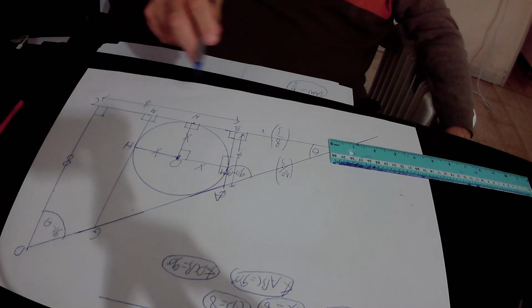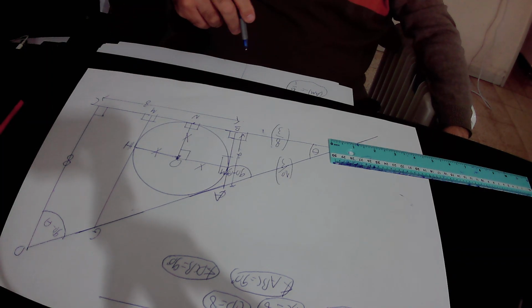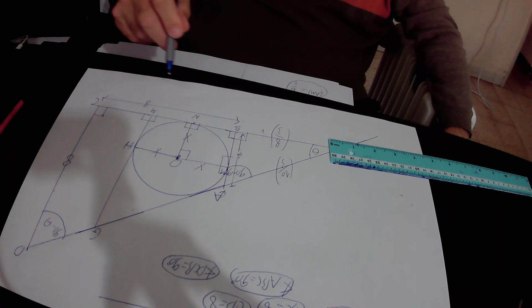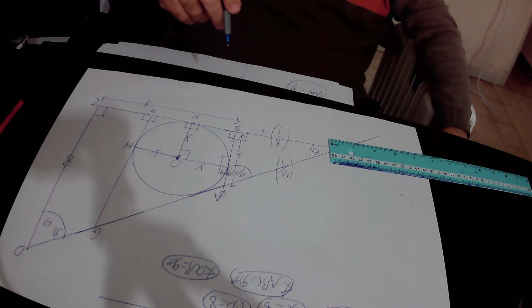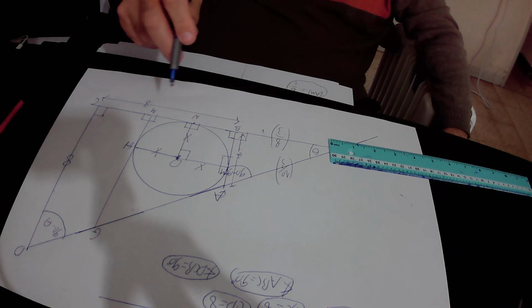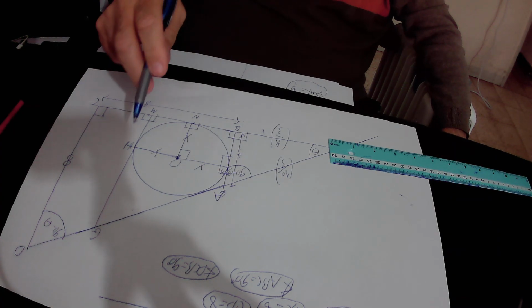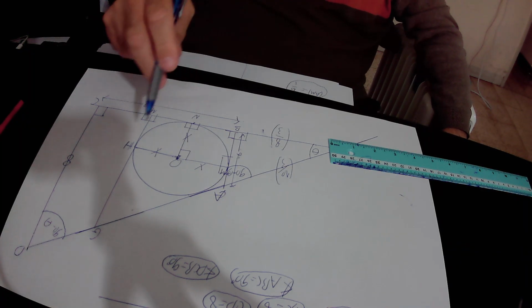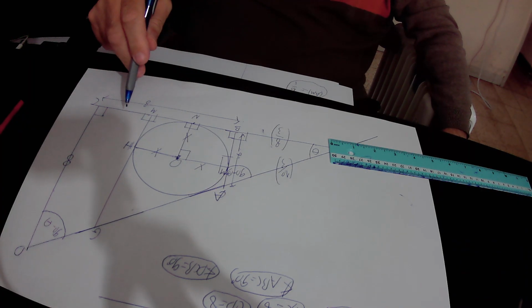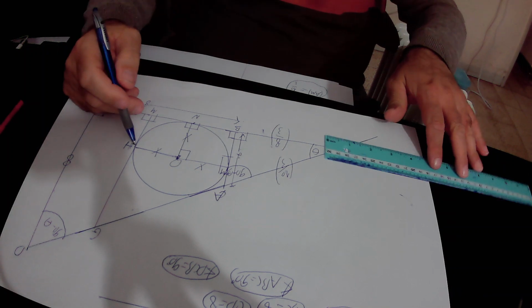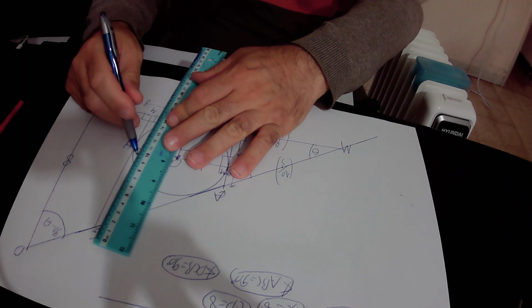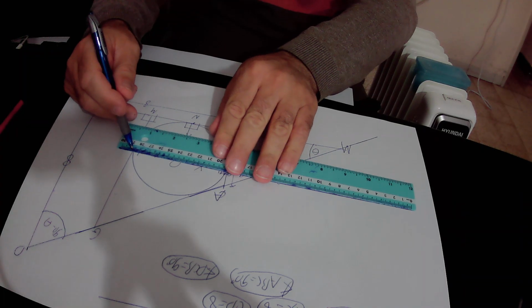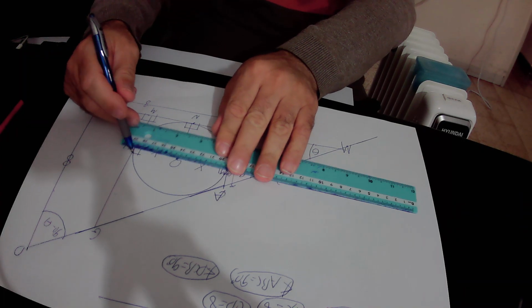The radius OH is drawn to point H, that is the point of tangency of tangent GM with the circle. Whenever you have a radius that is drawn to the point of tangency, then tangent GM will be perpendicular to the radius HO. So if GM is perpendicular to HO, it means that this angle equals 90 degrees, and this angle equals 90 degrees according to rule number 1.